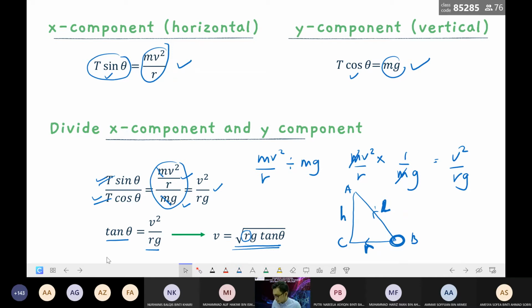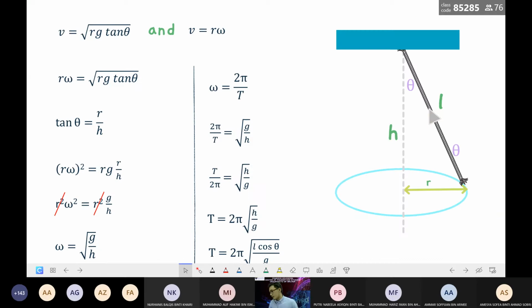Okay, I proceed with the next slide. I redraw again, this theta is not here. We have L, we have R, we have H. And if the question gives the length as 1.2 meter, for example, and theta is equal to 30 degrees, what is the radius? We can use an equation.